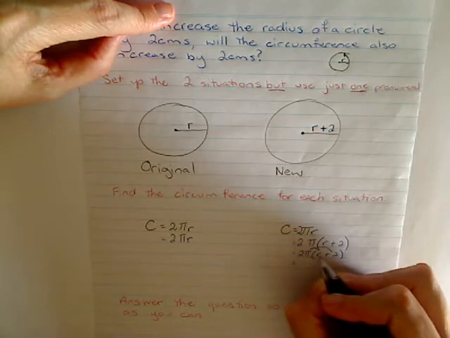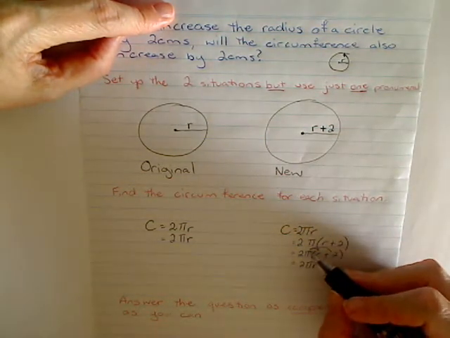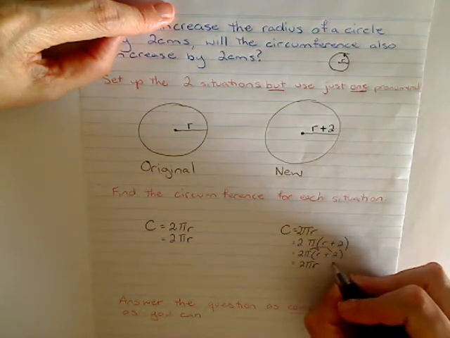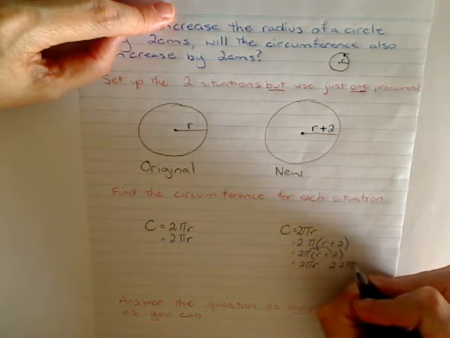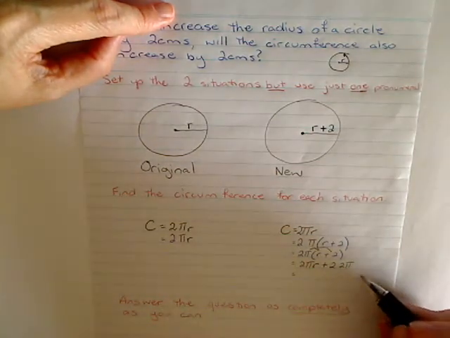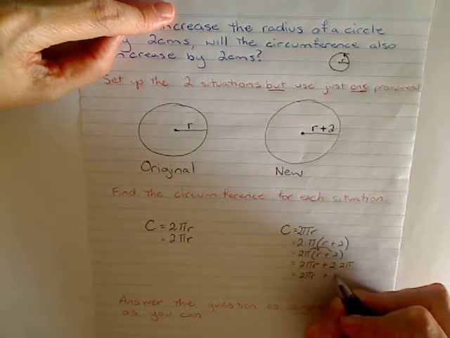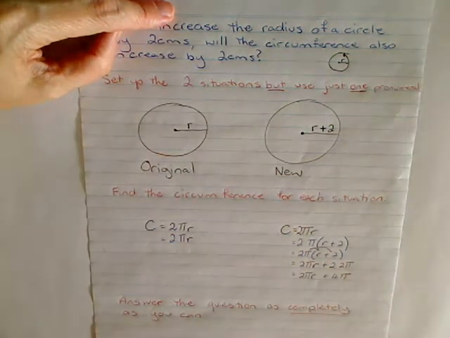2 pi times r is 2 pi r. 2 pi by 2, 2 by 2 pi. Addition's still there. You don't need to have this line, you can jump straight to the next one. I would have 2 pi r plus 4 pi.